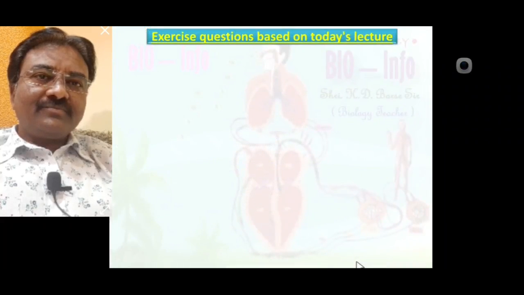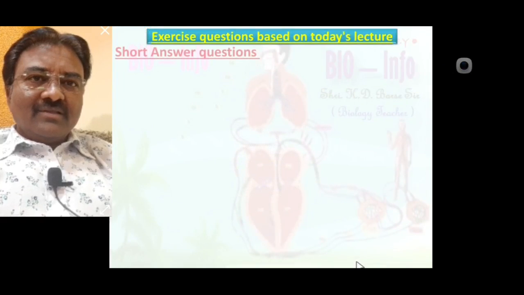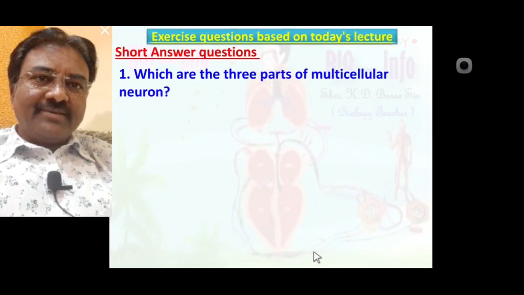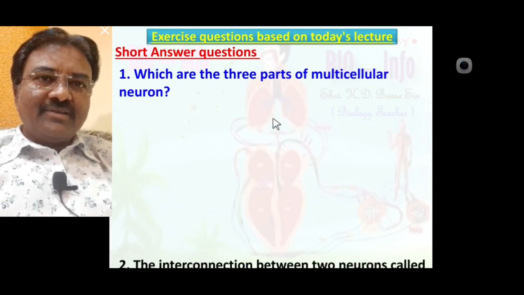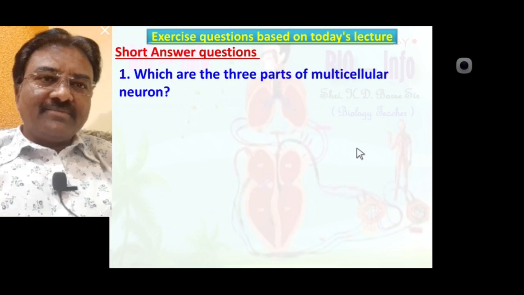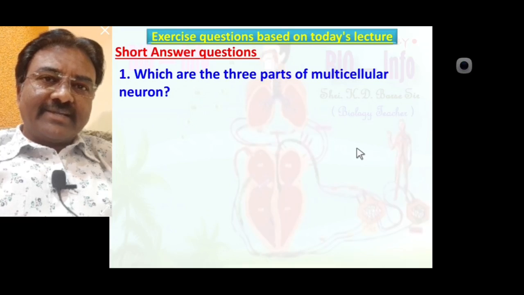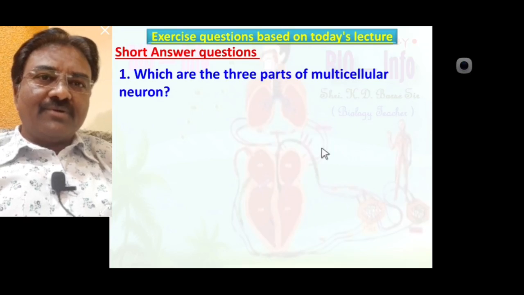Now short answer question number 1. Which are the 3 parts of a multipolar neuron? Yes, number 1, cyton or cell body is the first part, second dendron, and third axon.